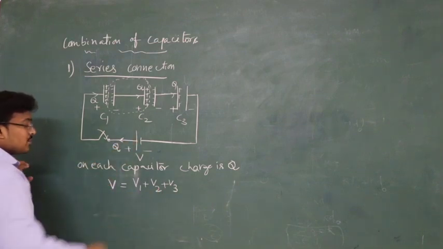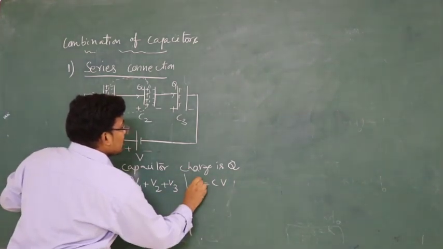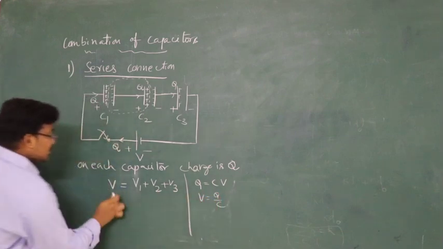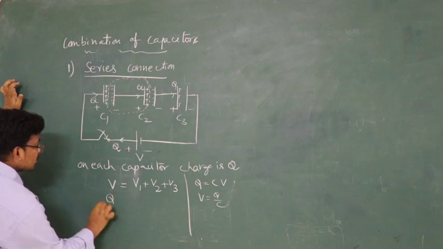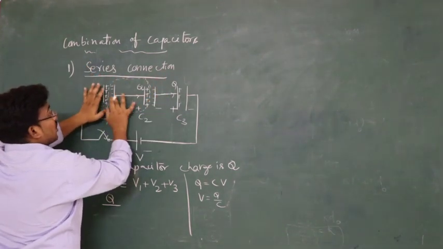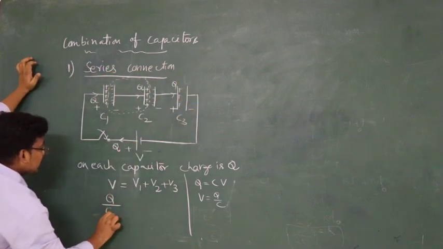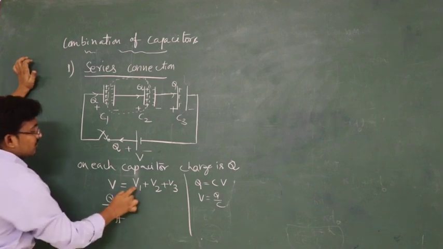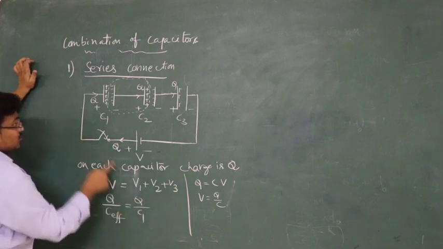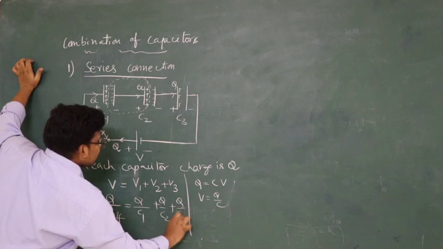So V is equal to V1 plus V2 plus V3, but already you know that Q is equal to CV, the formula for a capacitor. Now what is the V here? V is equal to Q by C. We are taking the three capacitors as some effective C. So V equals Q by C1, because you know that charge is Q, plus Q by C2 plus Q by C3.